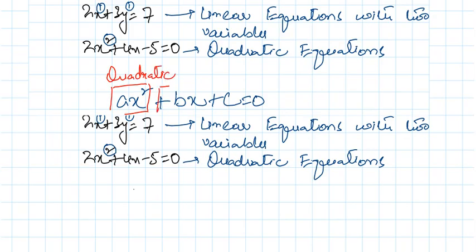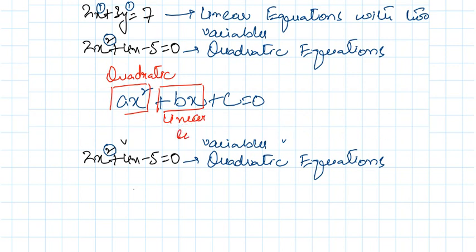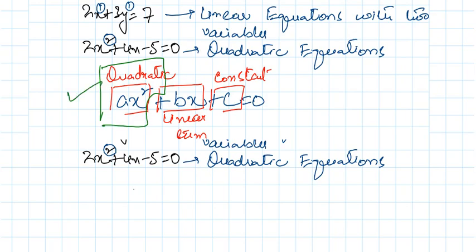The second term is called the linear term, and this is the constant term. So for a quadratic equation, this quadratic term has to be there. We may have a linear term, or we may not have a linear term. We may have a constant, or we may not have a constant. So quadratic term must be there.